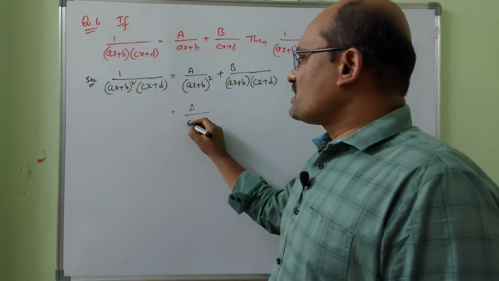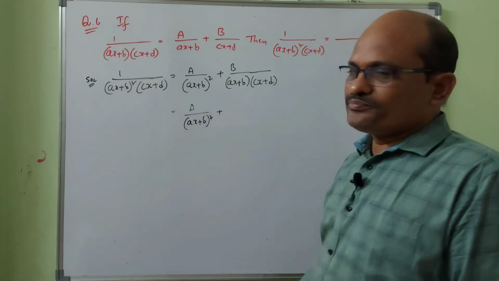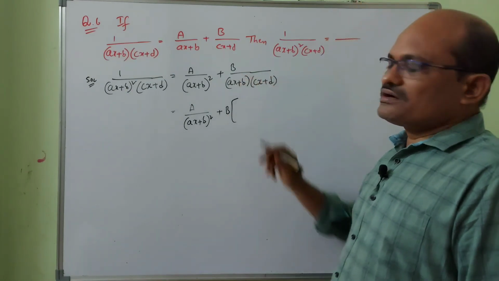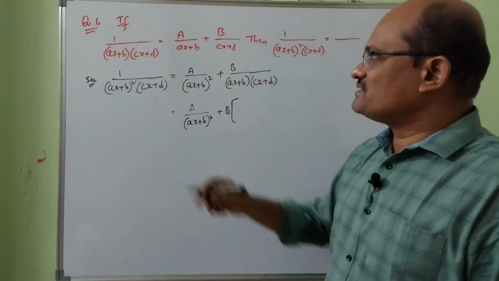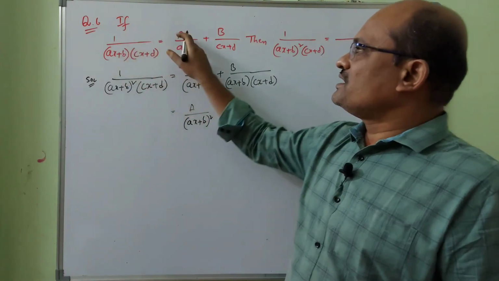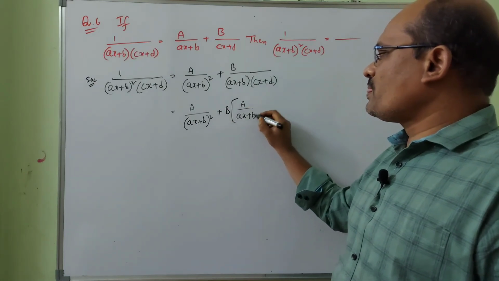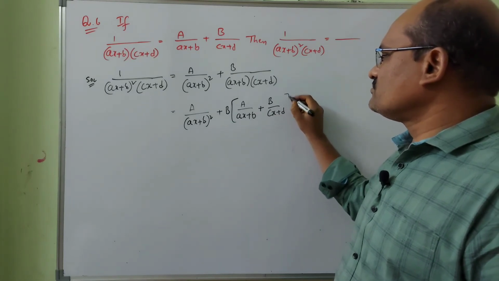Now the first term is okay. Now look at the second term. Here I am writing b outside. Now what does it become? 1 by (ax plus b) into (cx plus d). That is given as a by (ax plus b) plus b by (cx plus d).